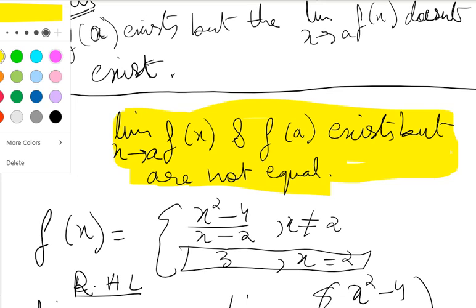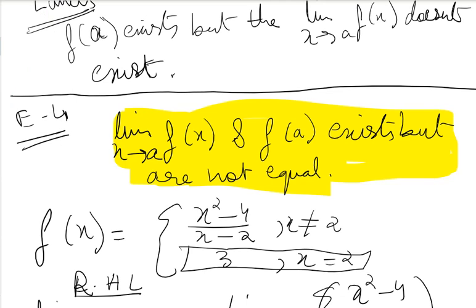That is the main thing you should emphasize: both the limit and the function at the indicated point exist, but are definitely not equal to each other.